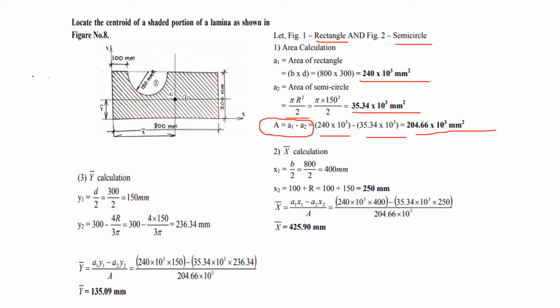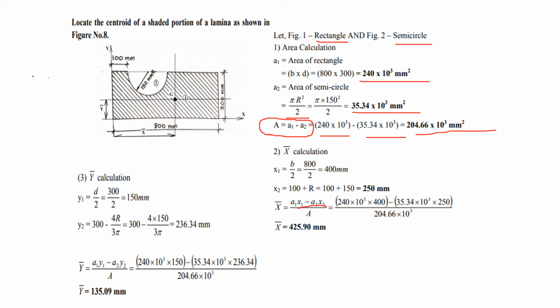So for X bar, minus section 2 from section 1, that is A1x1 minus A2x2 divided by total area. So for this we have to find x1 and x2. So x1 is for rectangle, so x1 is nothing but 800 divided by 2, that is b by 2.